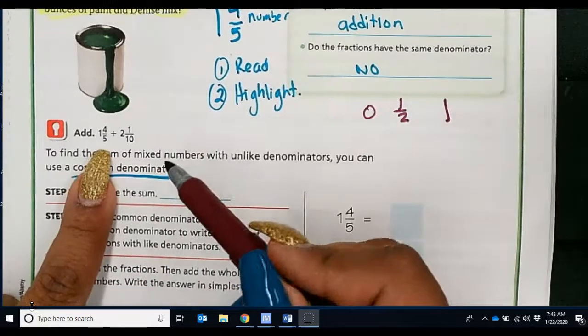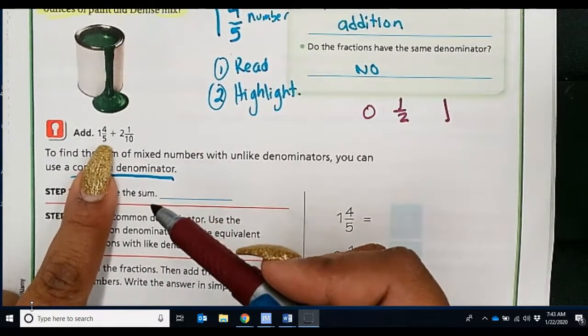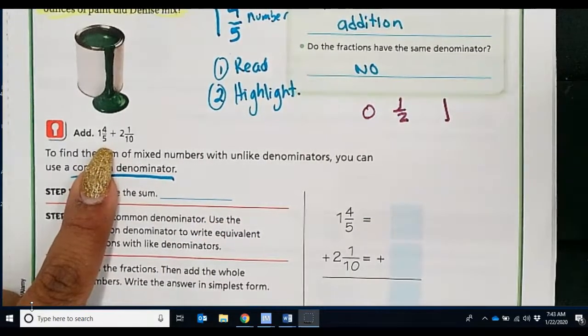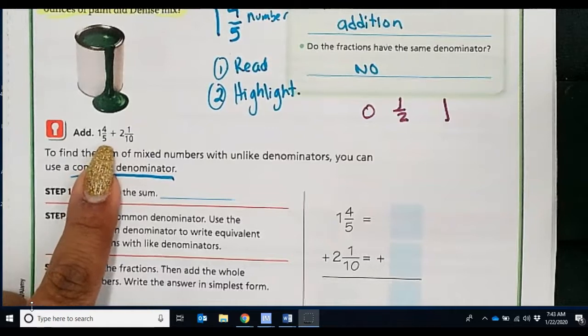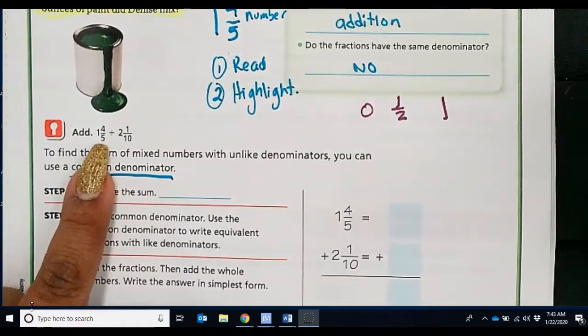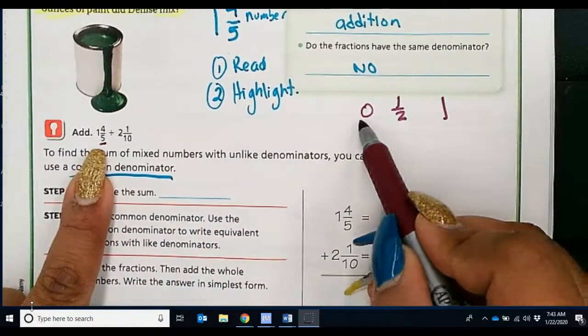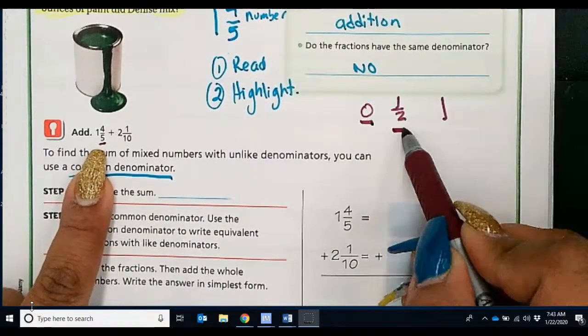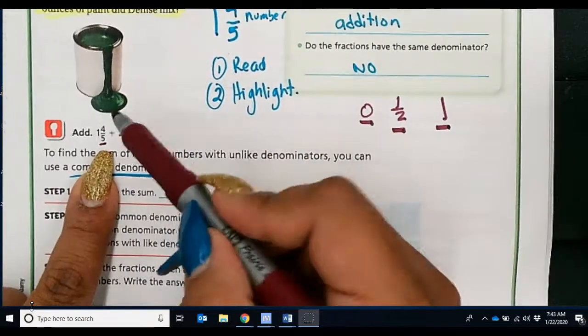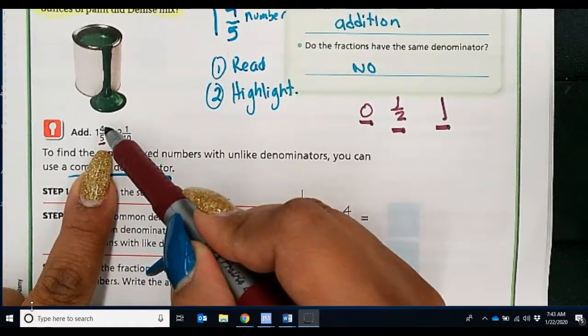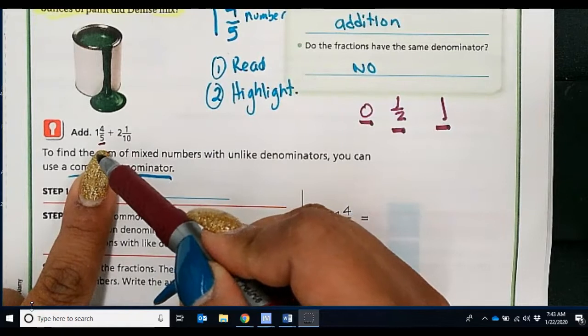So in our problem, we have 1 and 4/5. So we have one whole number, but we want to round the fraction. So we need to decide if 4/5 is closer to 0, to a half, or to 1. To do that, you want to look at the numerator and compare it to the denominator.